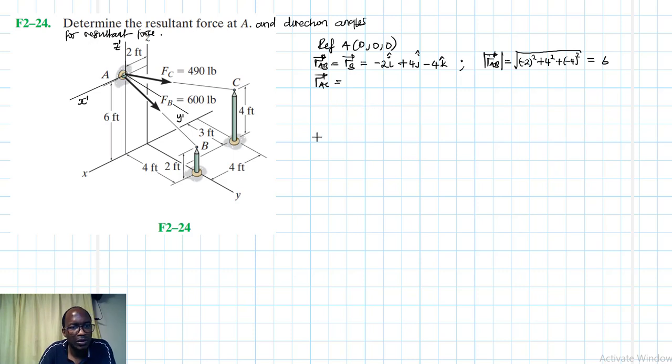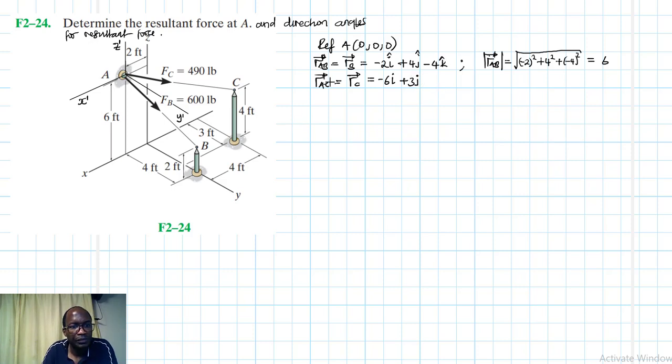RAC, what is the coordinate in the X? From A, that is a 2 plus 4, right? So this is also RC. So this is just going to be equal to minus 6i. Okay, that's 2 plus 4. Then in the y, that's a plus 3j.